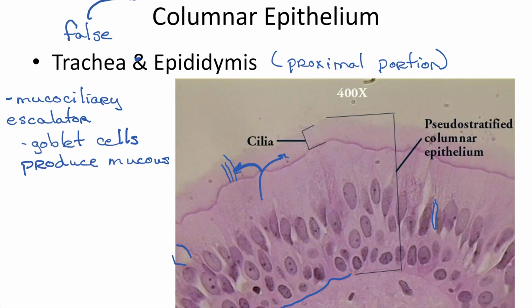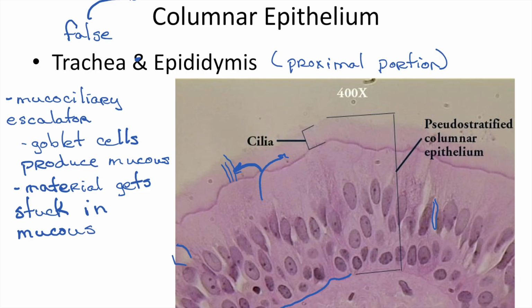So all the particulate matter, the dirt and the dander and the dust, gets stuck in the mucus, and those cilia beat and push it out of the lungs.